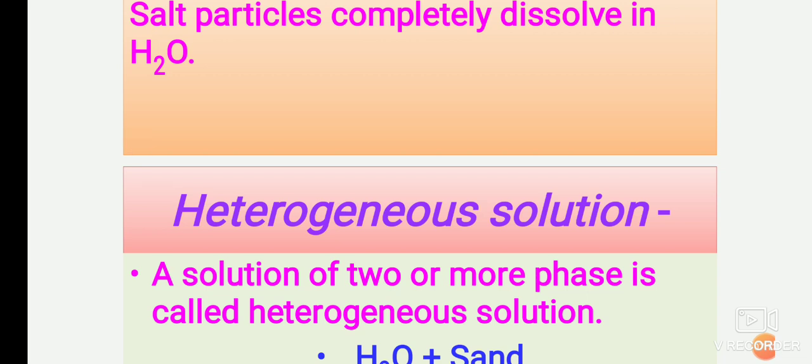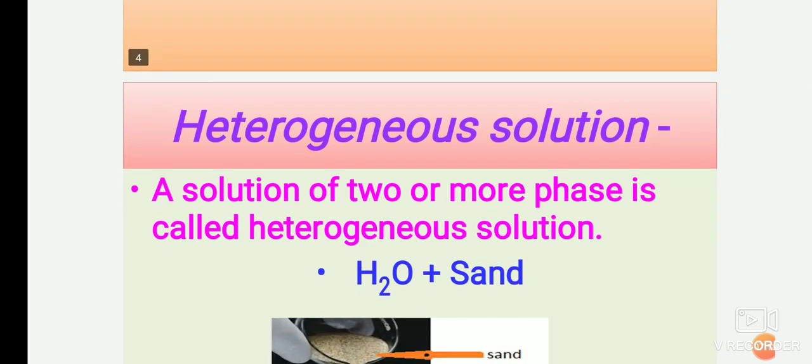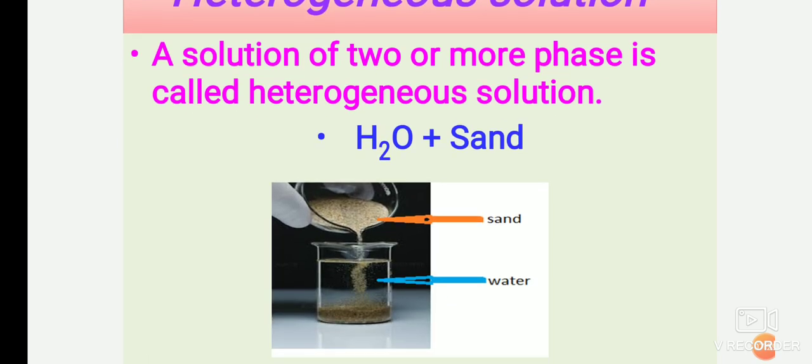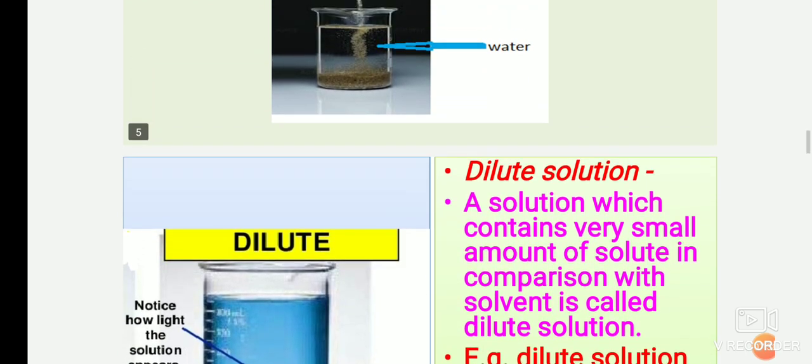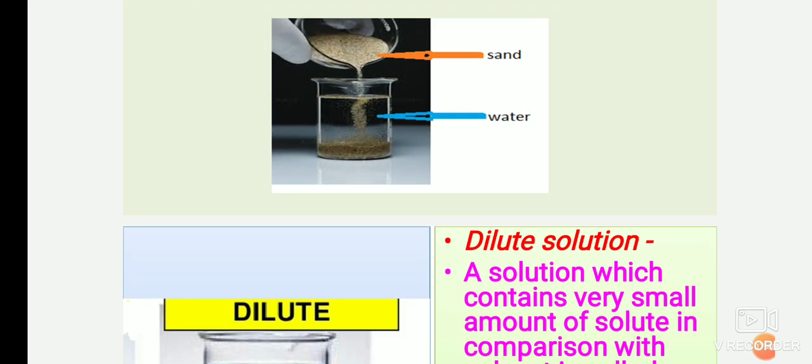Then we see heterogeneous solution. A solution which forms two or more phases is called heterogeneous solution. For example, water plus sand. If we take some water in a beaker and we add sand into it, then it forms two different layers.